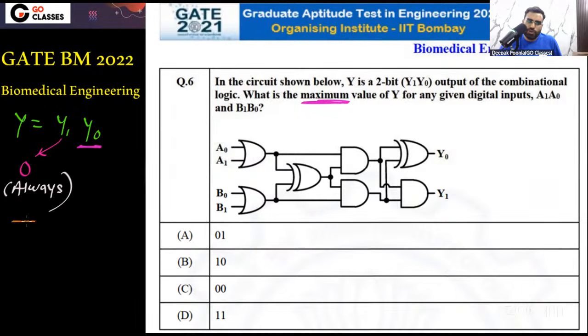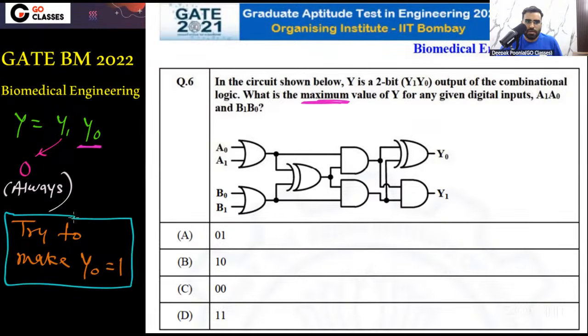Okay, so here what you do, you try to make y0 1. Let's see this y0, let's try to make it 1. We have already seen that y1 is 0. Anyway, we don't care about it.